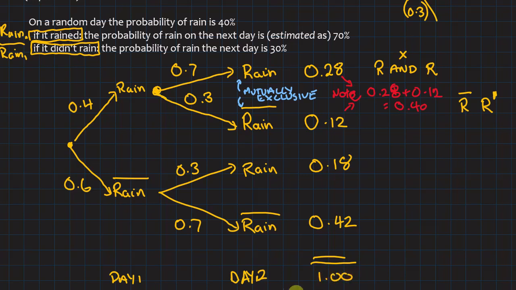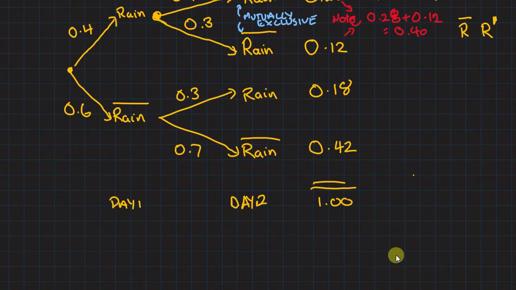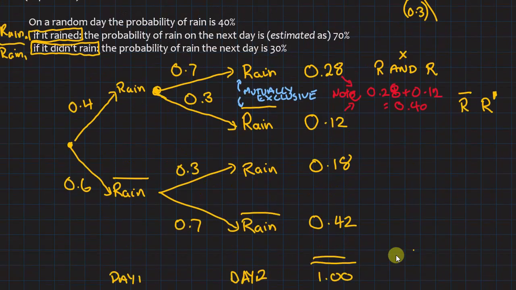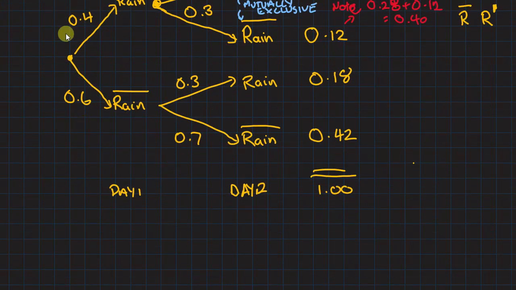The sorts of things it might ask would be, what's the chance of 2 clear days? So if I want to plan an event, I want 2 days no rain. So if I want 2 days without rain, what's the probability?